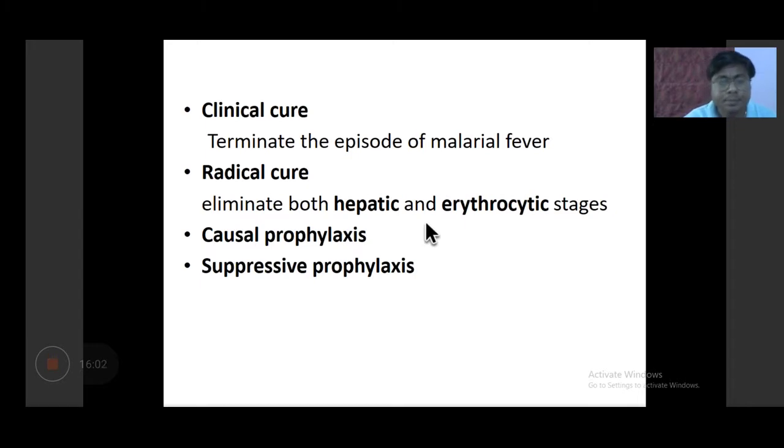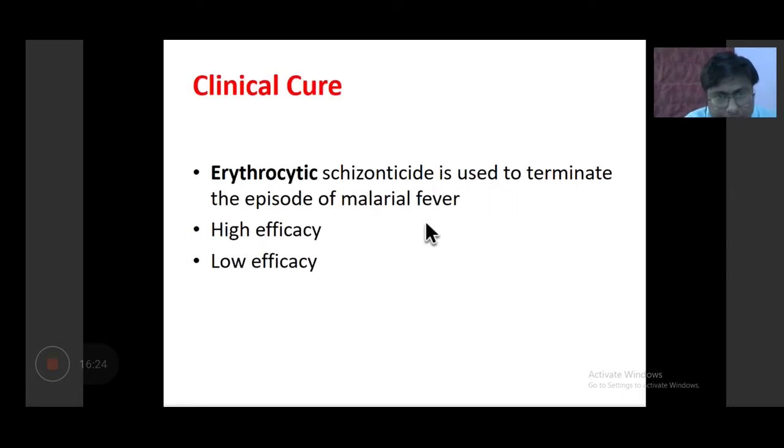Suppressive is when you give the drug in the erythrocytic stage, before schizonts are released into the blood, so that the disease gets suppressed. So these are the two differences between causal prophylaxis, because you are targeting the cause, and suppressive, because you are suppressing the main target.